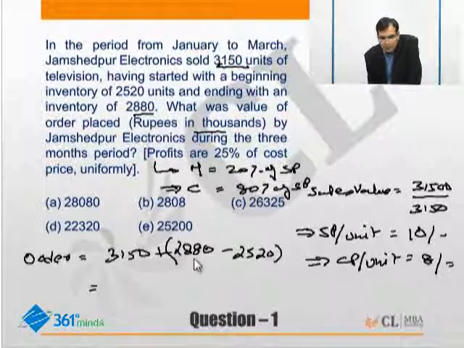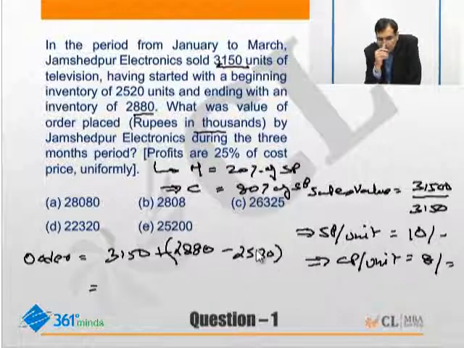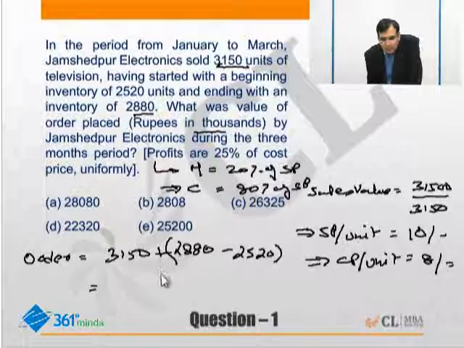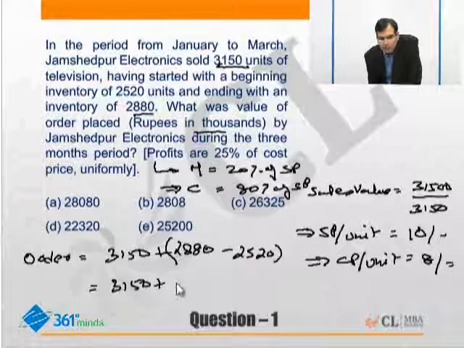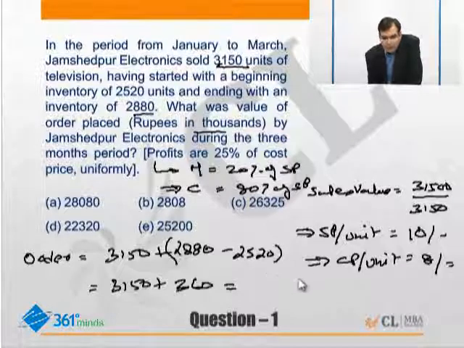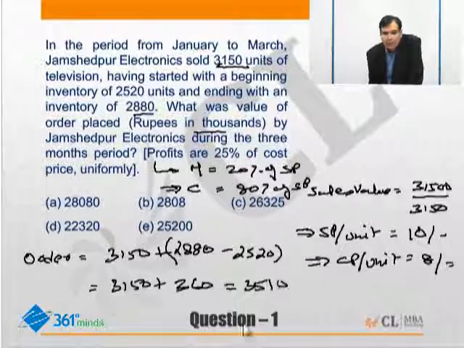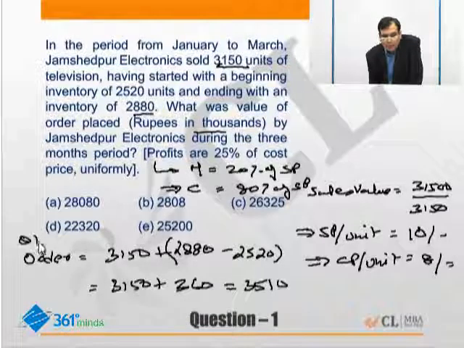So 28 minus 25 is 360. So 3150 plus 360 is the quantity of order placed, which is equal to 3510. This is the quantity of order placed.